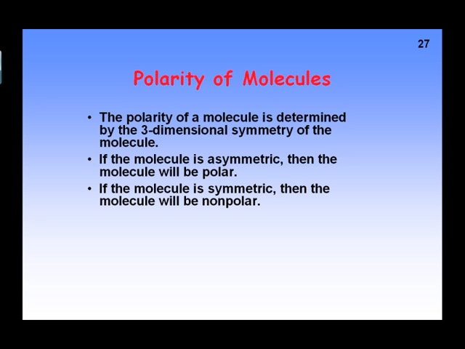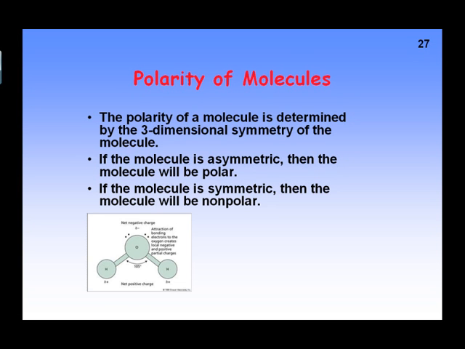If the molecule is symmetric, then the molecule will be nonpolar. So if it looks like the whole entire molecule all the way through is essentially the same, then you get a nonpolar molecule. The polar bonds in the molecule can actually cancel each other out, so the net result is a nonpolar molecule.